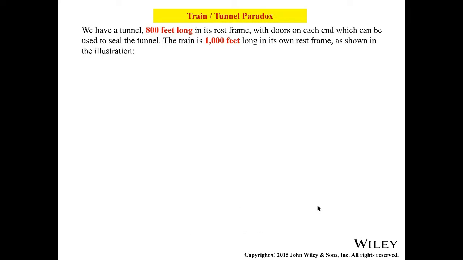Now, there's this thing called the train trapped in a tunnel paradox. And this is to test Lorentz contraction. And then in the end, we'll discover, oh, there's also simultaneity in there.